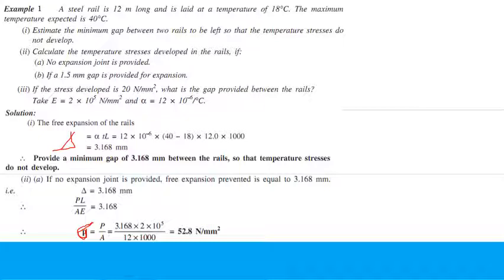Sigma is equal to E by L into 3.168. Young's modulus given is 2 into 10 power 5, length is 12 into 1000 because it is in meters and we have to convert it into millimeters, and the minimum gap is 3.168. After simplifying, we got 52.8 Newton per millimeter square. This is the temperature stress which is developed.